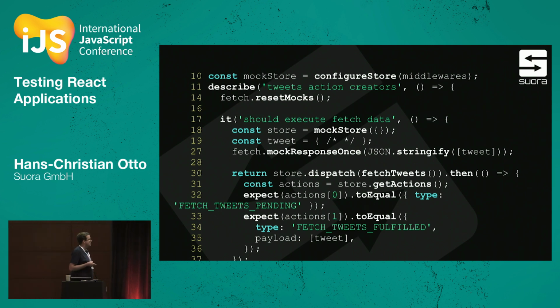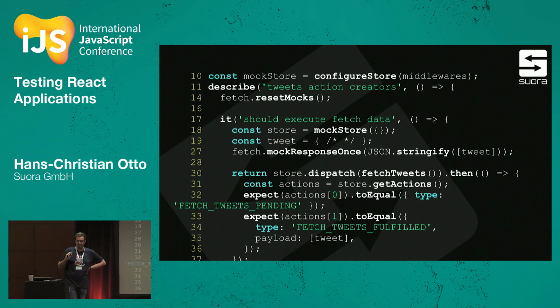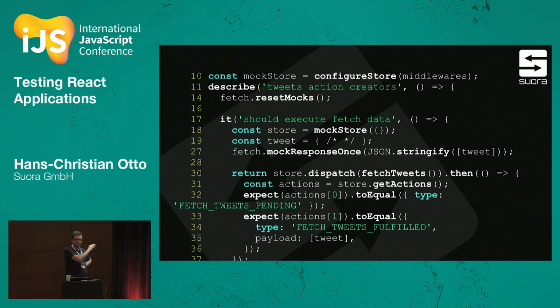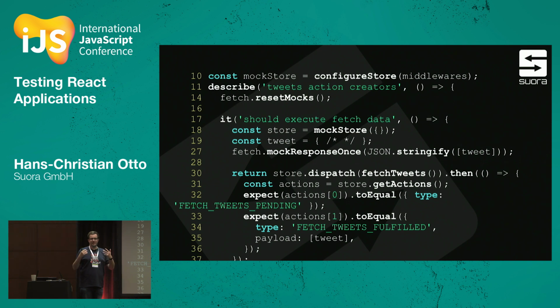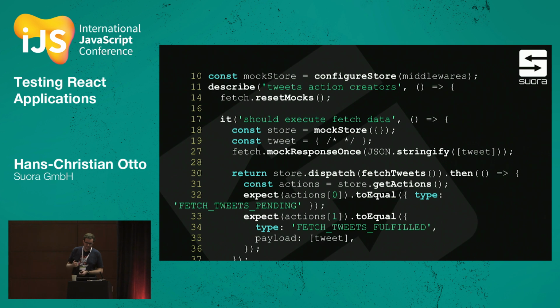And then in line 27, I'm using a different library, which is called JustFetchMock. You can find the source code on GitHub, so it's easier to reproduce there, where I can just say, okay, fetch, so the ECMAScript fetch API, please mock a response once, and just return the JSON representation of that tweet here. So that way, I can do a fetch request within my tests, and I will get the tweet that I defined within the test as the response.